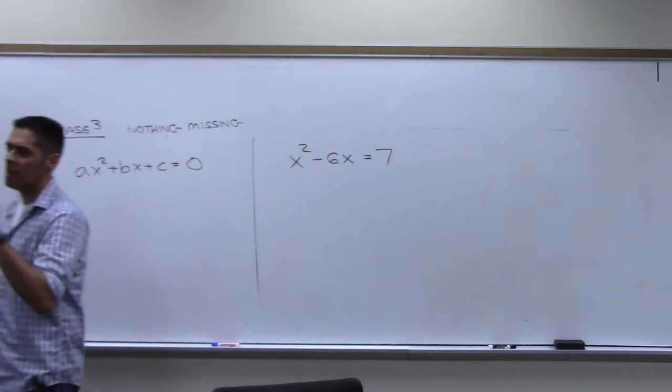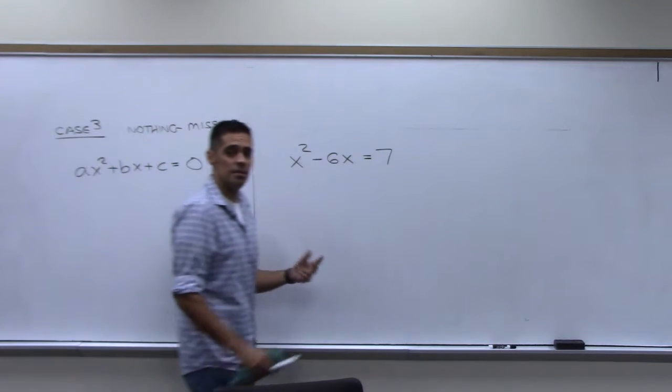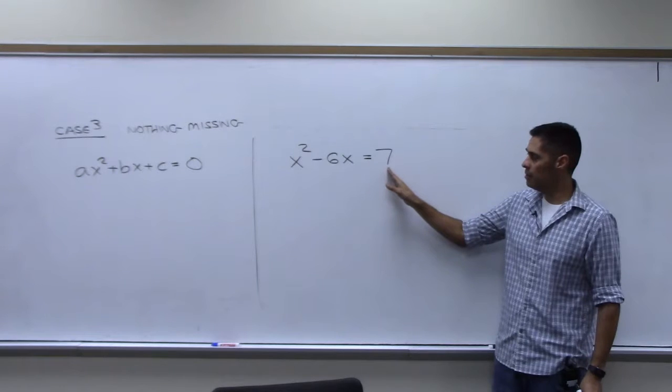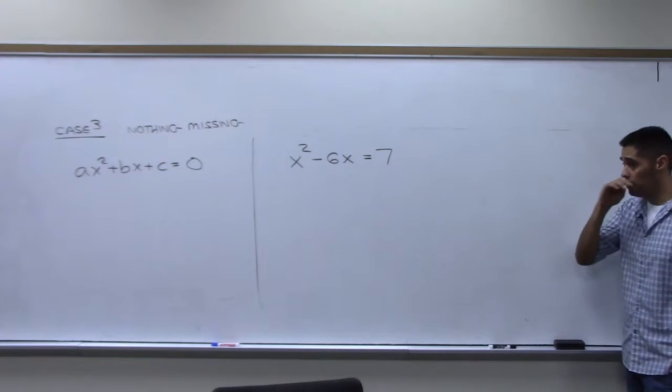Is this the first case where you're missing the x term? No. Is this the second case where you're missing the constant term? No. Does everyone see that? You do have a constant term here, 7, something other than 0. All right, so you're not missing either one.